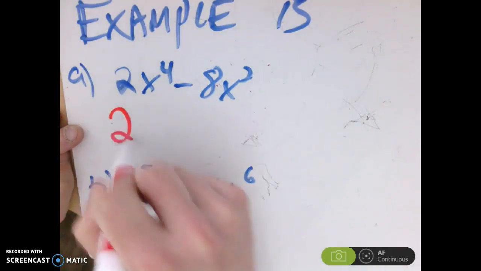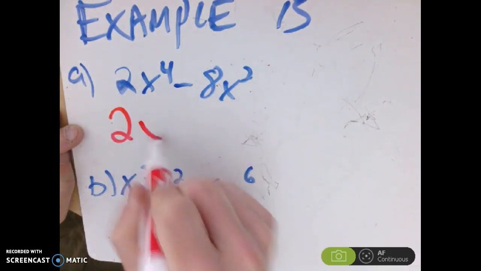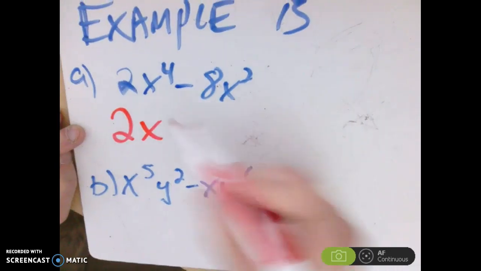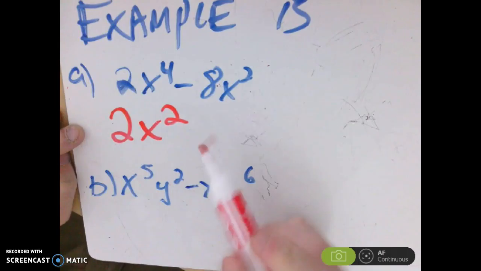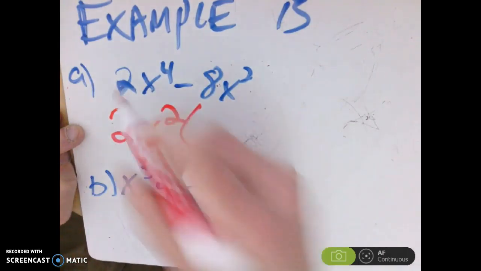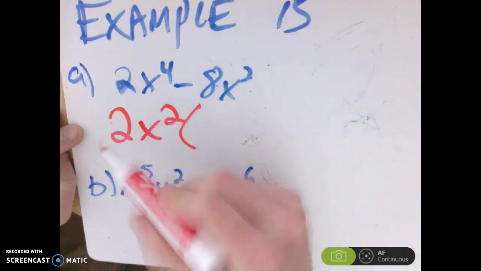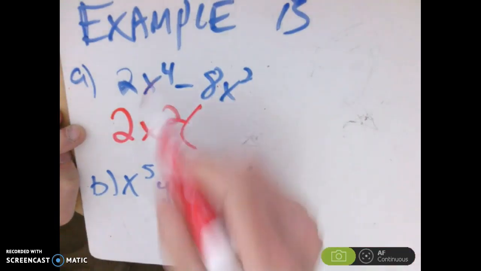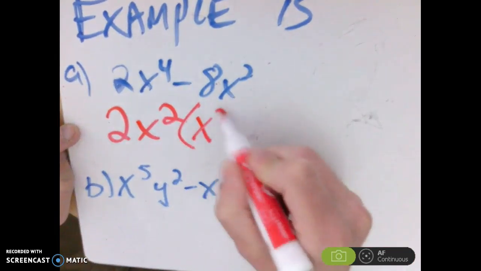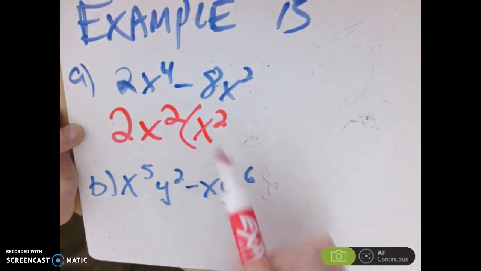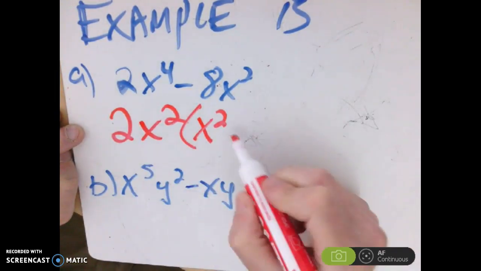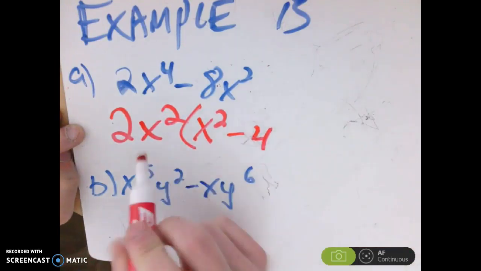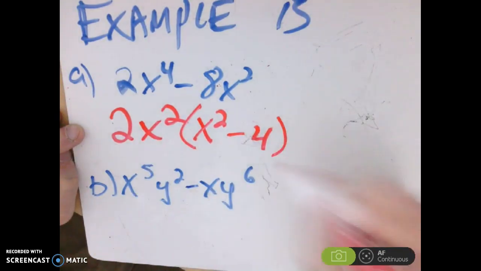They both have x's, so I can take out x, and the lowest power of x is x squared. So I have 2x squared, and then if I take that out, I'm left with, if I take a 2 out of 2, I get a 1. If I take an x squared out of x to the 4th, I'm left with x squared. And if I take a 2 out of 8, I'll be left with a 4. And if I take an x squared out of x squared, I'm left with that.